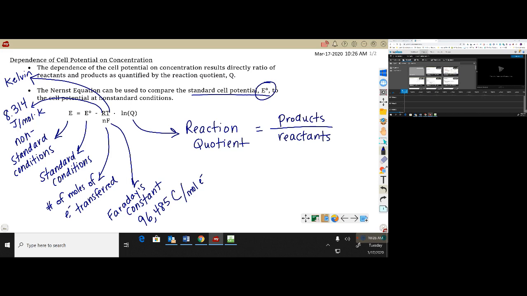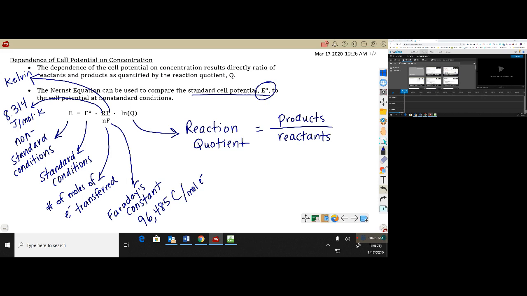It's just that K, the equilibrium constant, had to be calculated using equilibrium conditions, and Q, the reaction quotient, is calculated with the real conditions that you have, and it might not represent a system at equilibrium, which is totally fine. So this is going to end up being the concentrations of the solutions that we really have.